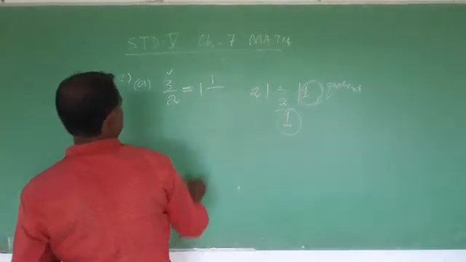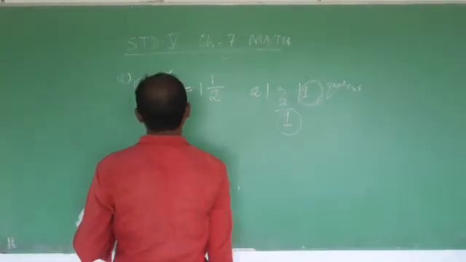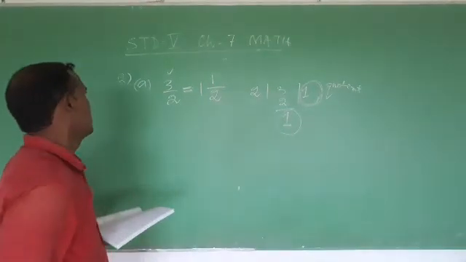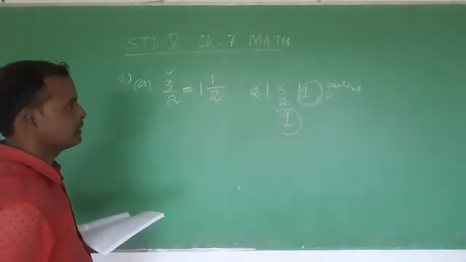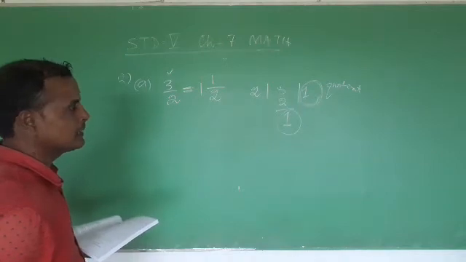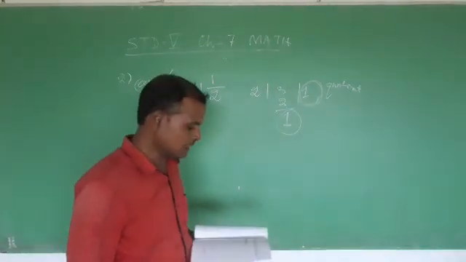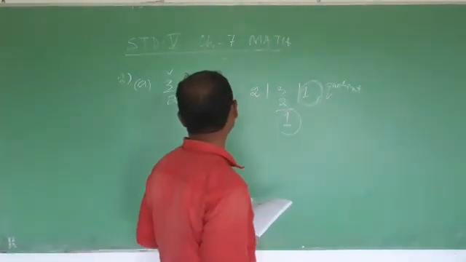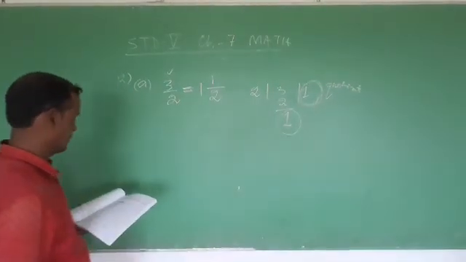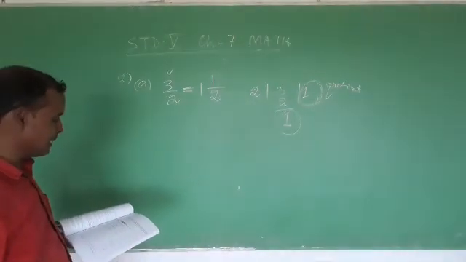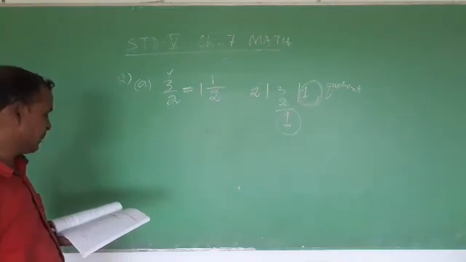And now you write the denominator 2. So 3 by 2, which is improper, can be written as a mixed fraction as 1 whole 1 by 2. In this way you will be able to do B, C, D also.